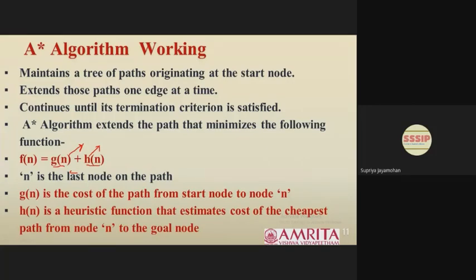What is the solution that is going to be given by A star? So the major point lies in the function of h of n. So A star is based on the mathematical expression given by f of n is going to be equal to g of n plus h of n.